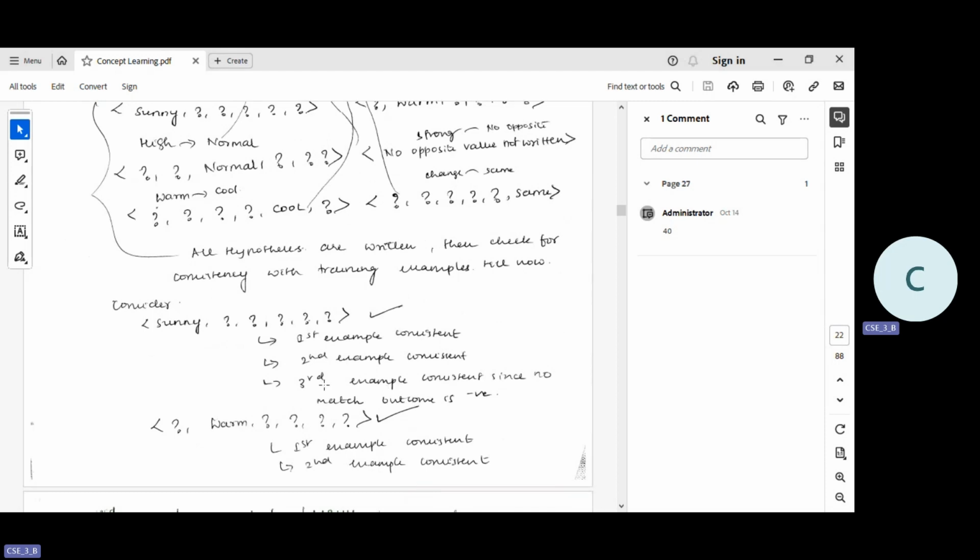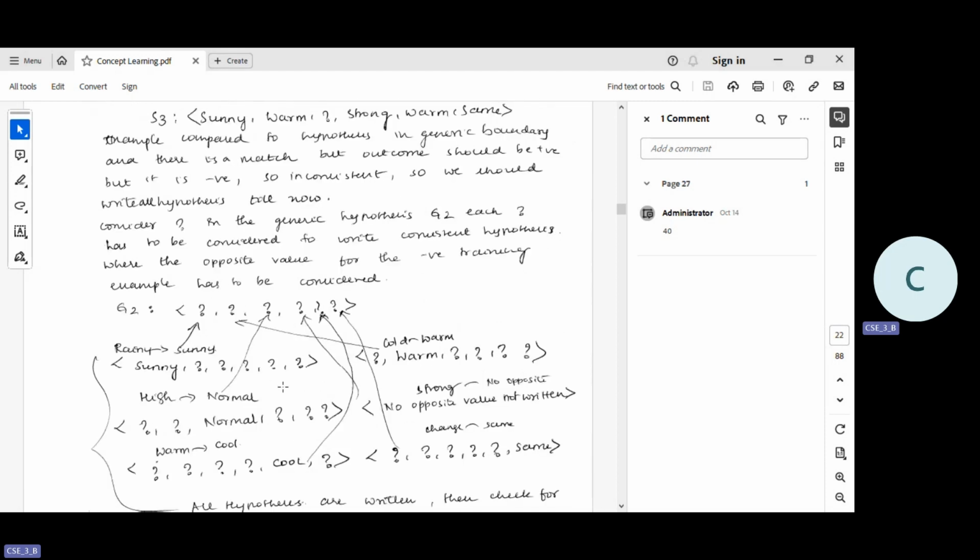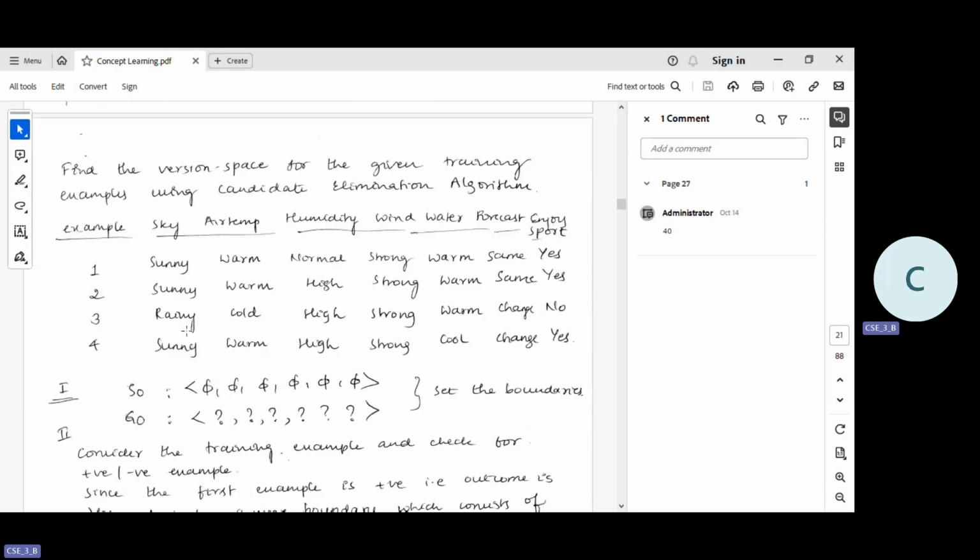Here it is very important. In the third example, when we say it is consistent or not consistent, we can observe here there is no match. For sunny, there is an opposite value. So when there is no match, the outcome, that is our target label, also has the value no for enjoy sport.